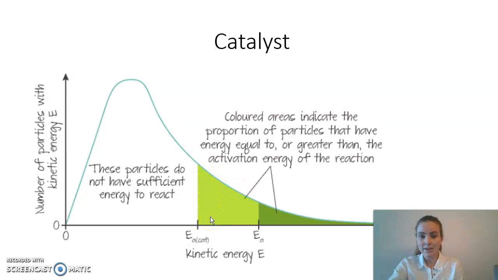So if we have a catalyst, these can react. Also, these can react. Everything above this new activation energy can react. These ones still do not have sufficient energy and no reaction will happen here.